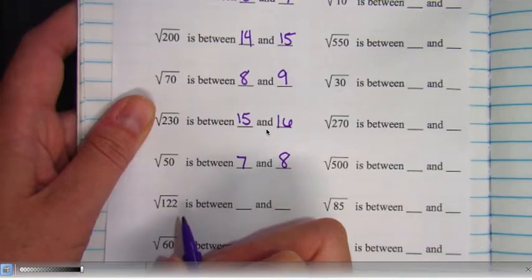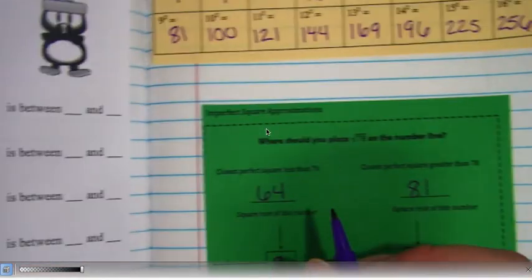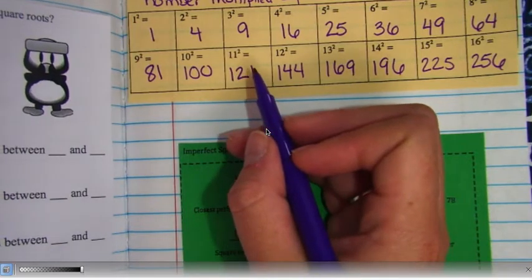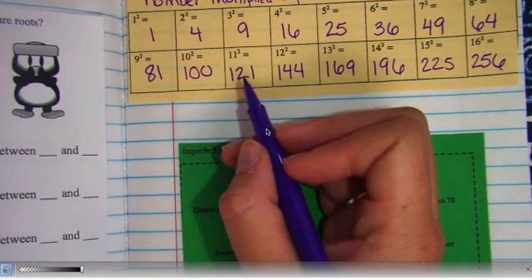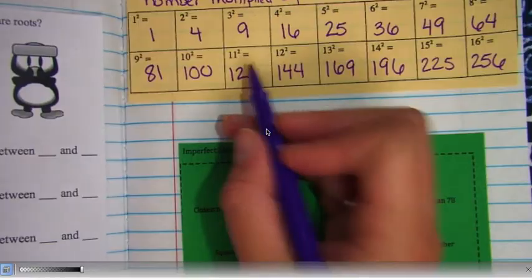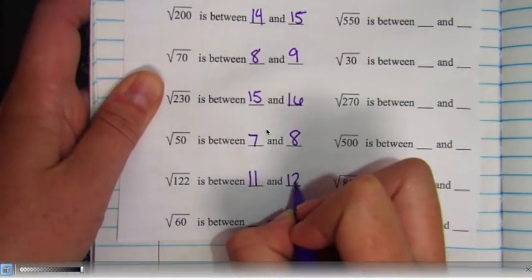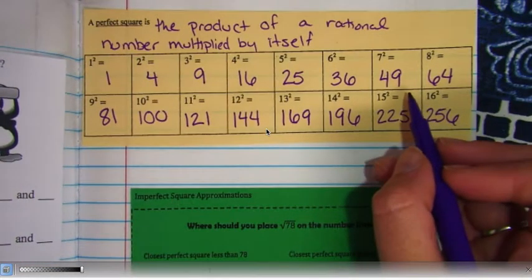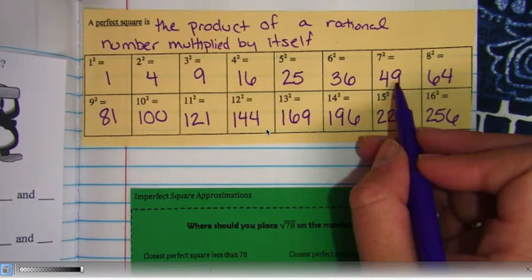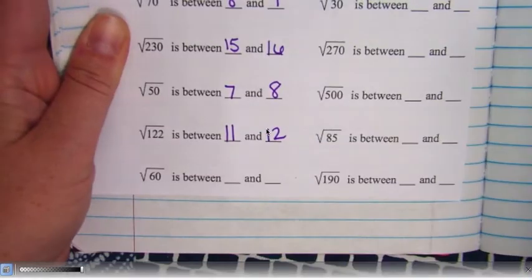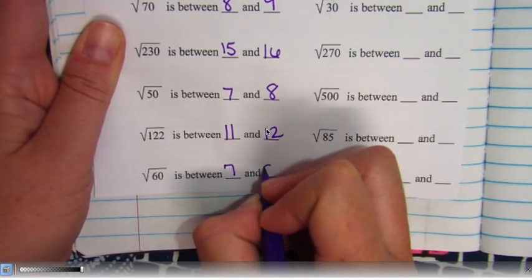All right, square root of 122. Oh, so close. So I know it's going to be really like 11.01 or something like that, because it's really close to 121, so I know it's going to be between 11 and 12. All right, square root of 60. So I'm going to look over here. 60 is between 49 and 64 on a number line, so I know it's going to be, you guessed it, 7 and 8.